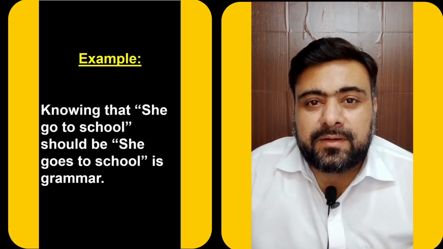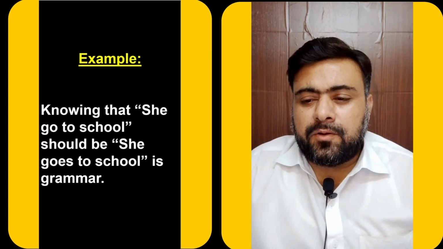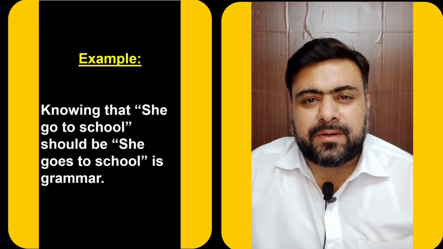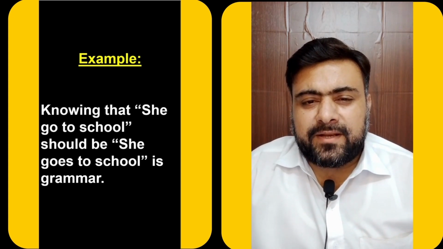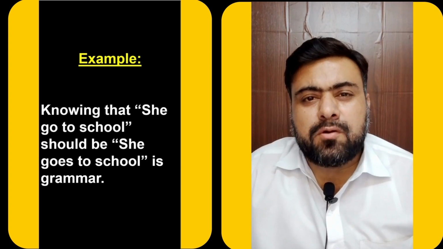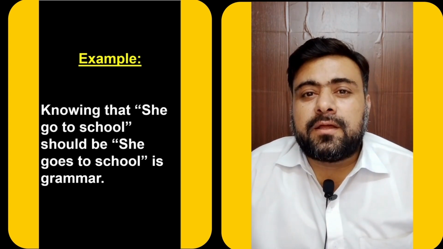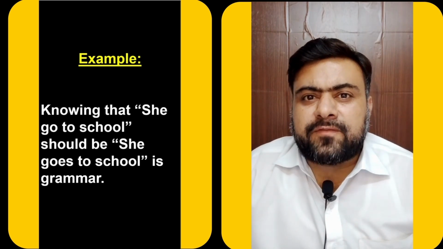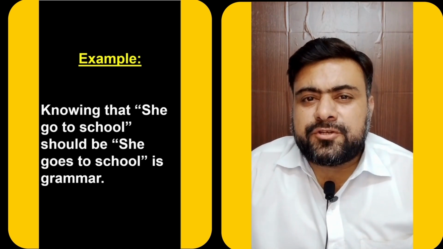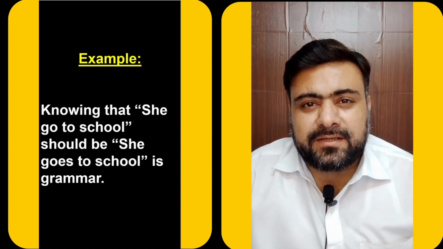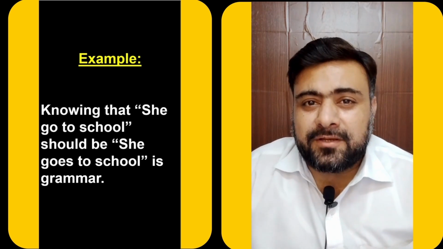This is grammar. For example, knowing that "she go to school" should be "she goes to school" is grammar. We have two sentences: "she go to school" and "she goes to school." If we have studied grammar, we shall know that the second sentence is correct and the first is incorrect.